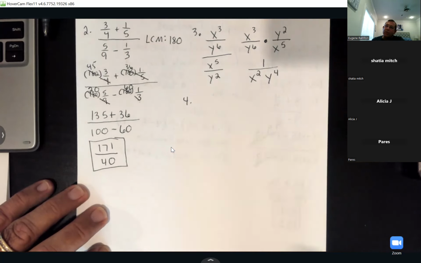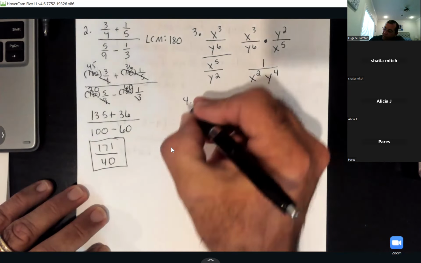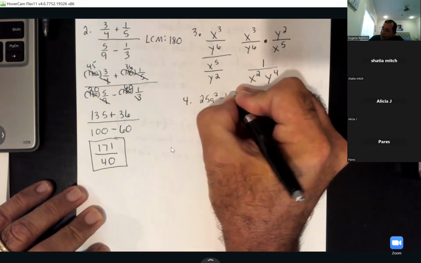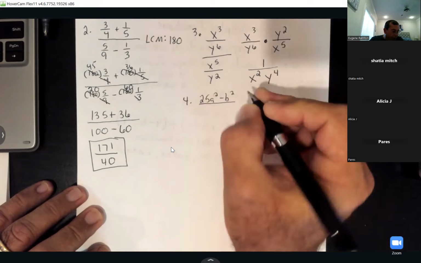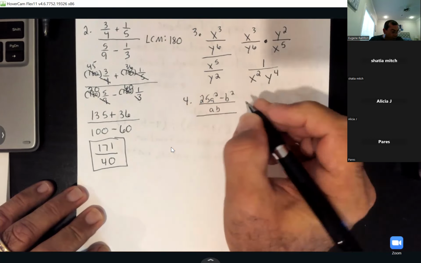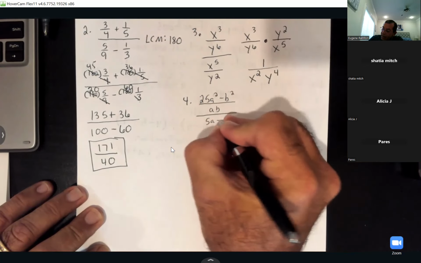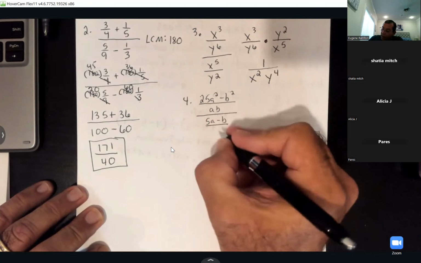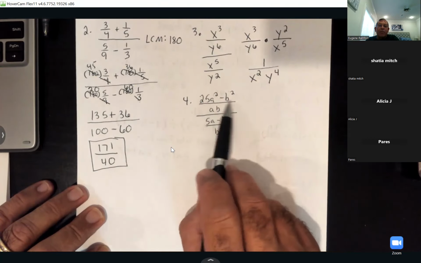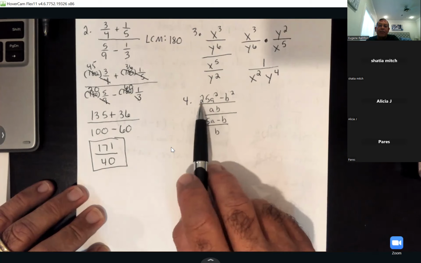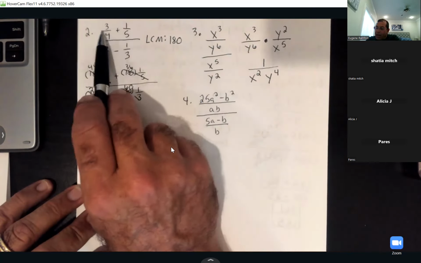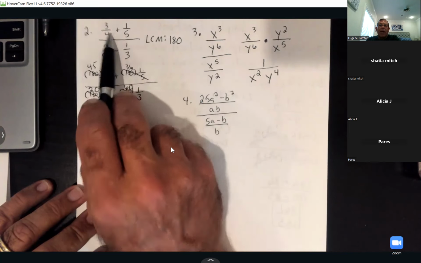All right, y'all. So the next one's going to be single fractions again. I got 25a squared minus b squared over ab, all of that over 5a minus b over b. Now, I know you got 2 parts up here, but notice this is one fraction here because it's got the one fraction bar. Okay, over here, you have to have 2 fraction bars for 2 fractions.